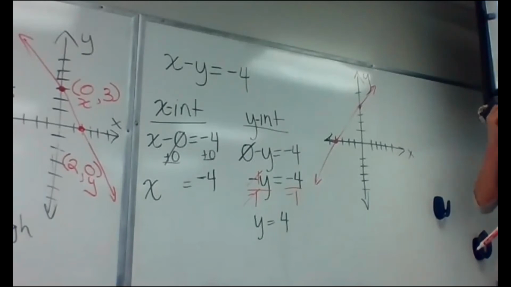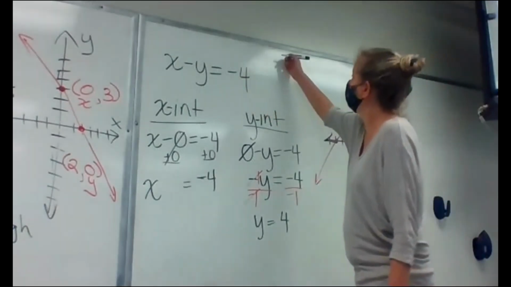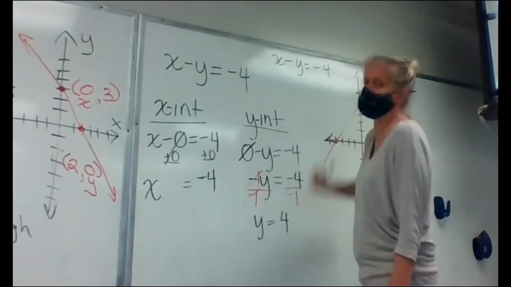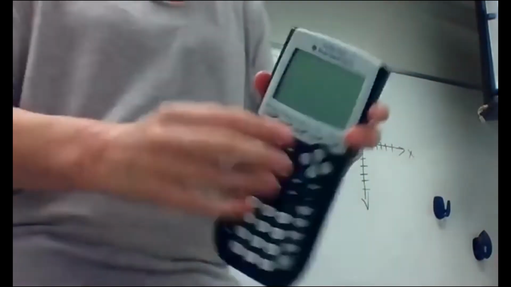Now, if I wanted to put this in the calculator, there's some steps to that also. My equation, x minus y equals -4. The way you graph in the calculator, remember, is with this y equals button.